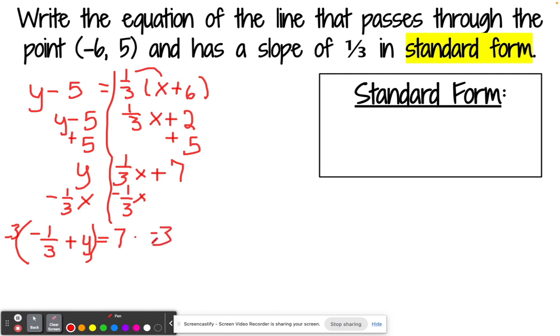On the right side, I will have a negative 21. 7 times negative 3. Then over here, I'm going to distribute. Negative 3 times negative 1/3 is a positive. I forgot my exit again. Positive 1x. Negative 3 times y is negative 3y. So x minus 3y equals negative 21.